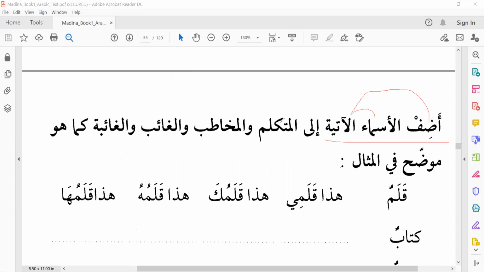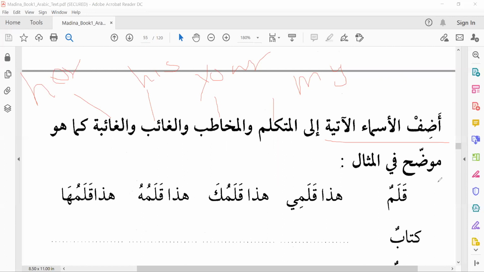That means mutakallim, my book. Mukhatab, second person, your book. Ghaib, third person, his book. Ghaibati is third person feminine, her book.